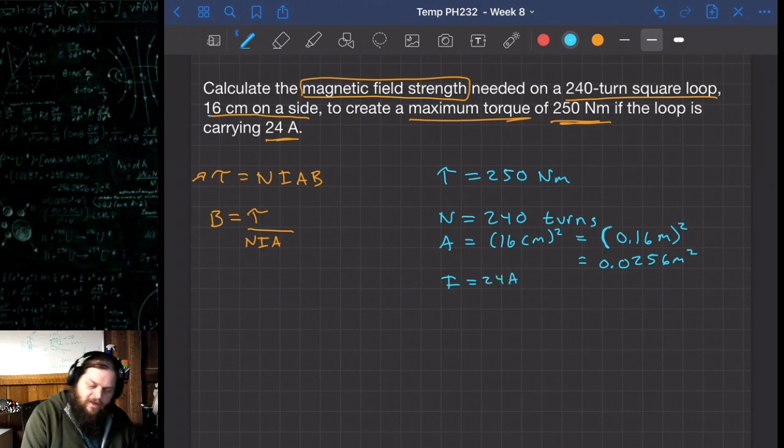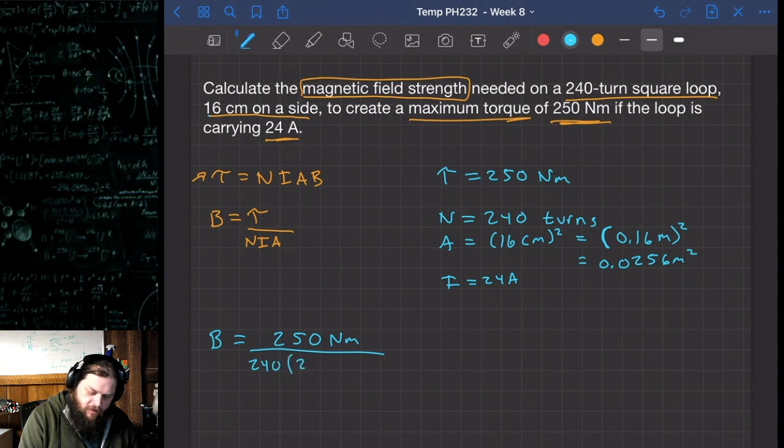So plugging those in, we have the magnetic field is going to be equal to 250 Newton meters divided by 240 times 24 amps times the area, 0.0256 meters squared.